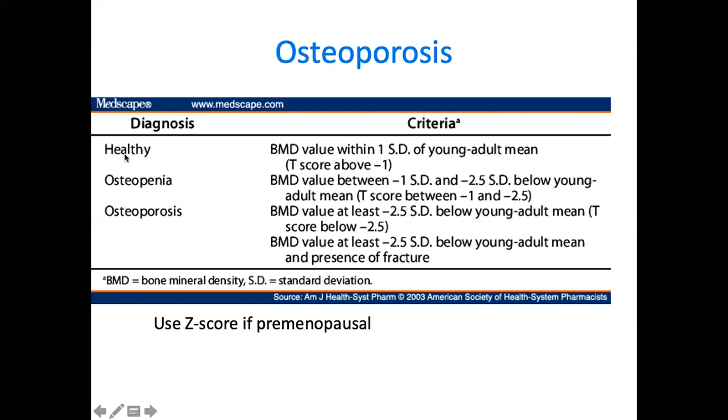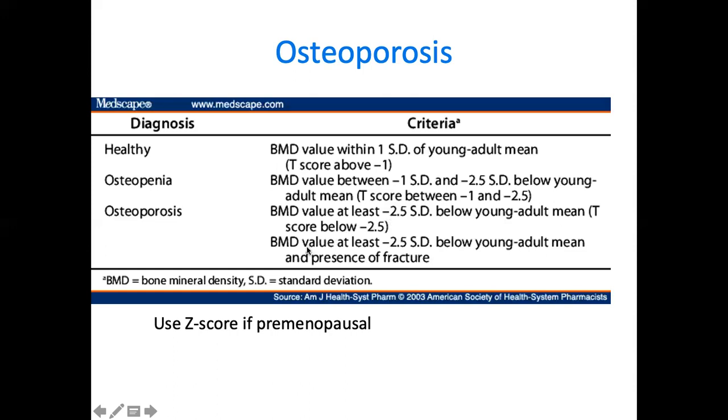If you have a bone mineral density T-score of -1 and above, then you have healthy bones. We have osteopenia if you have a BMD T-score between -1 and -2.5, and you're considered to have osteoporosis if your BMD is -2.5 and below.